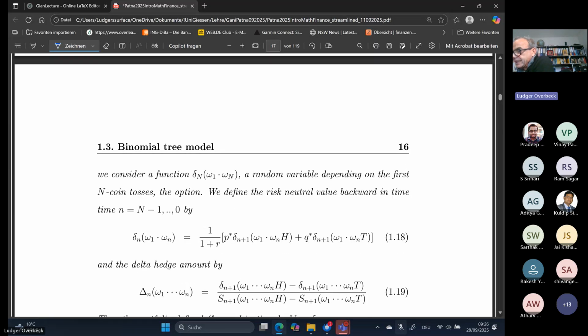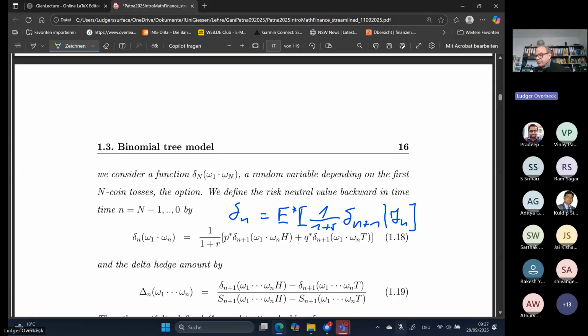That's now the value of the option, kind of E star, the delta N, if you are familiar with probability, which we will see later.